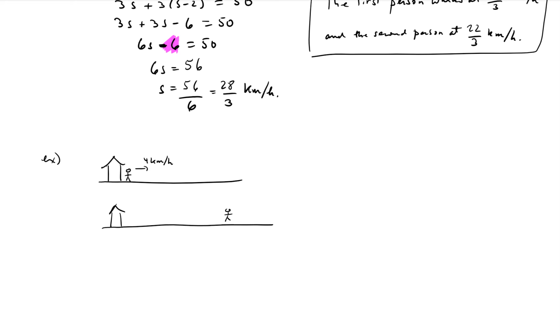There's a second person that leaves the house at a speed of 8 kilometers per hour. And all that occurs 6 hours later. So clearly this person right now is at a distance of 24 kilometers, right? From the house, because it has traveled 6 times 4, 24 kilometers.